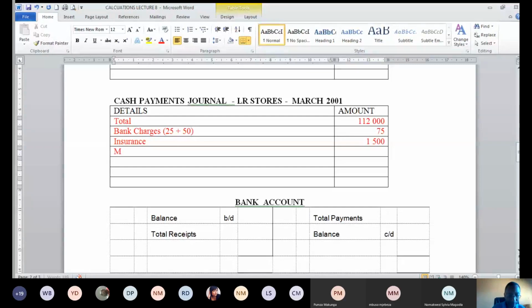We will write there, Mrs. B. Smith, and in brackets you can indicate that it is the check dishonored. And the value of the dishonored check is an amount of 2,100 Rand.